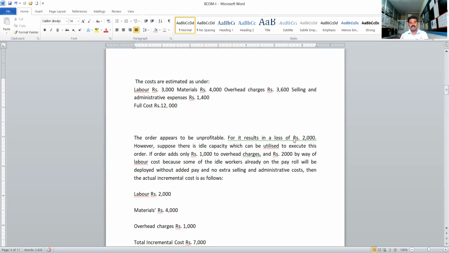However, suppose there is idle capacity which can be utilized to execute this order.